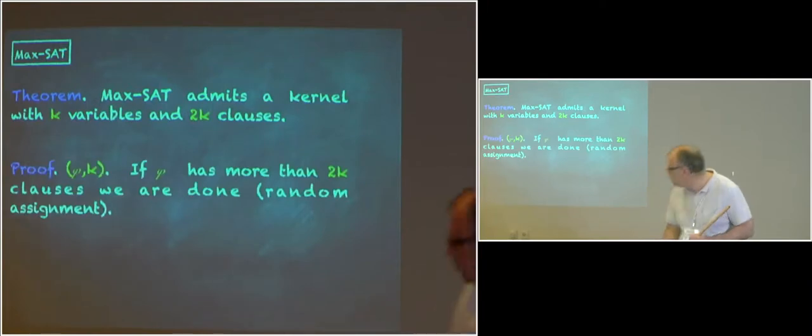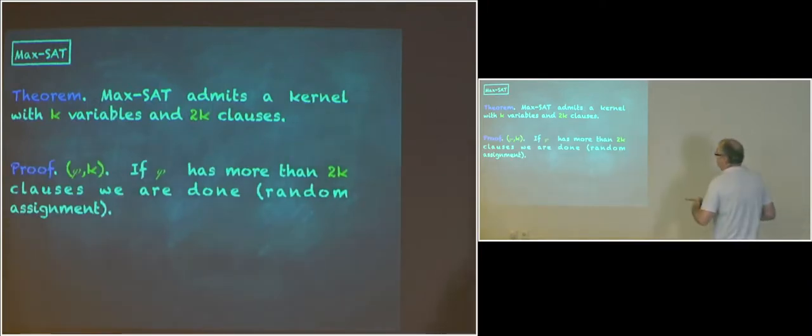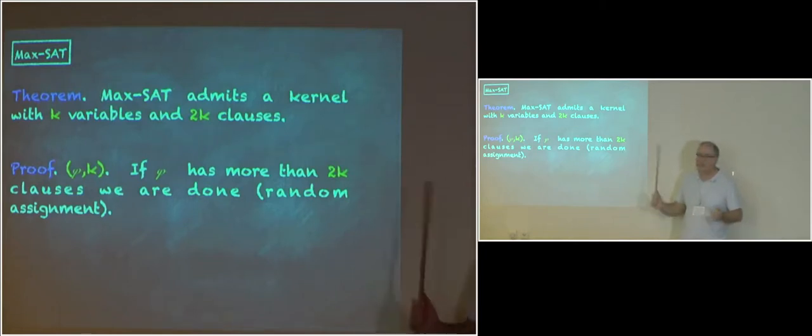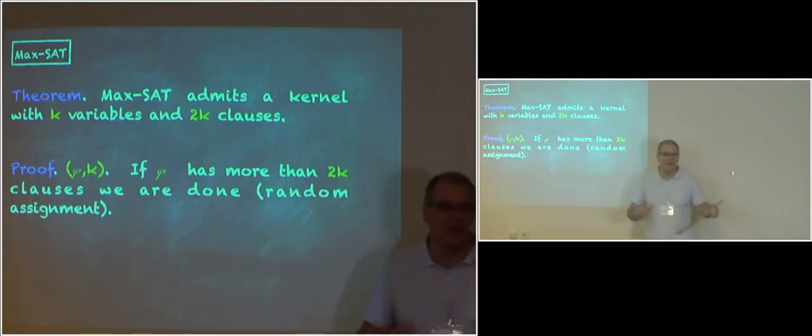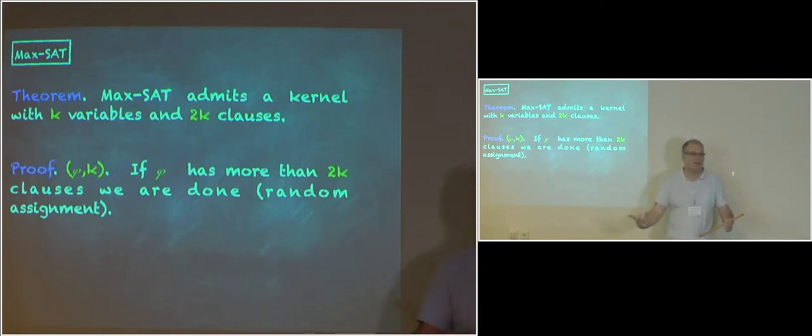Okay, so the proof. First of all, we can assume that we cannot have more than 2k clauses, because we always have an assignment which satisfies at least half of the clauses.